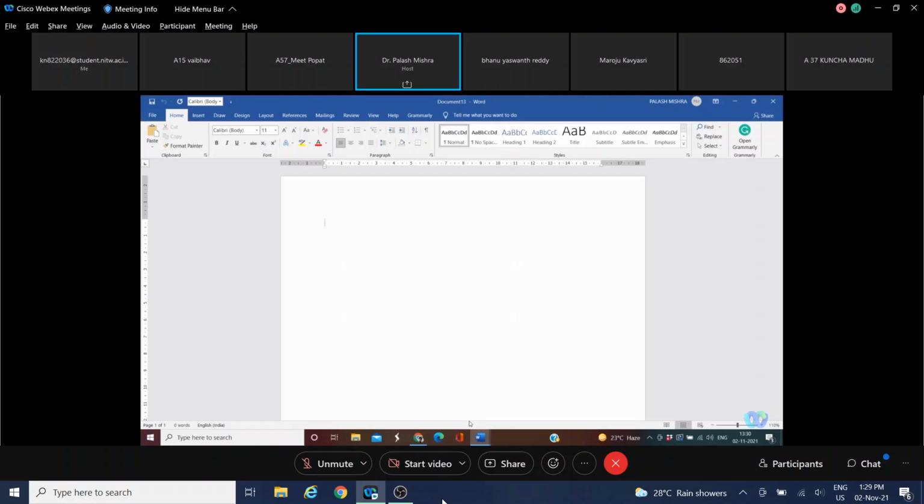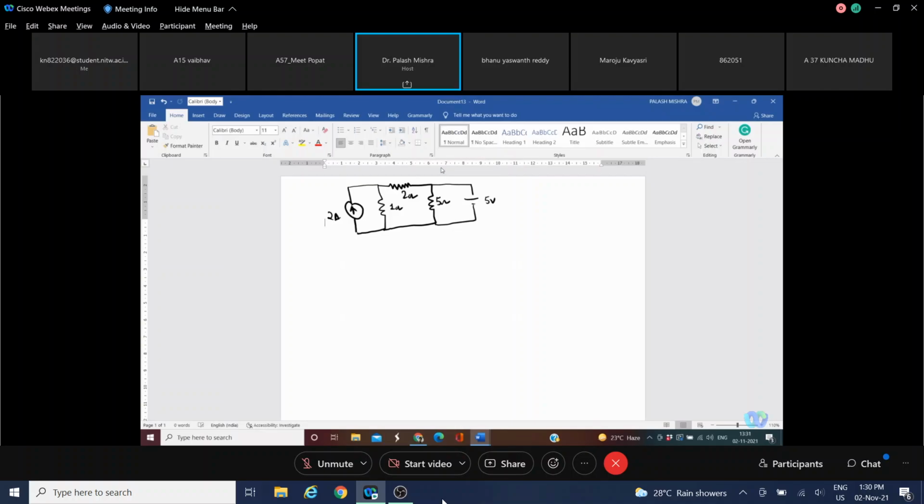So this is the question: ohms, 1 ohm, 5 ohms, 5 volts, and this is 2 amperes.